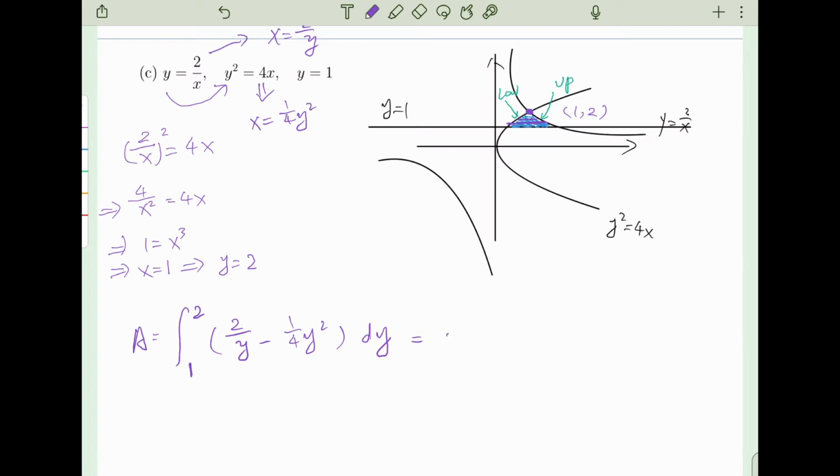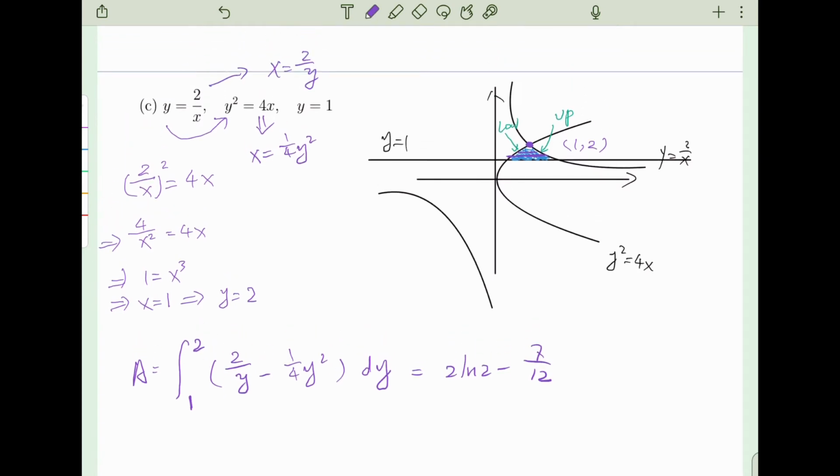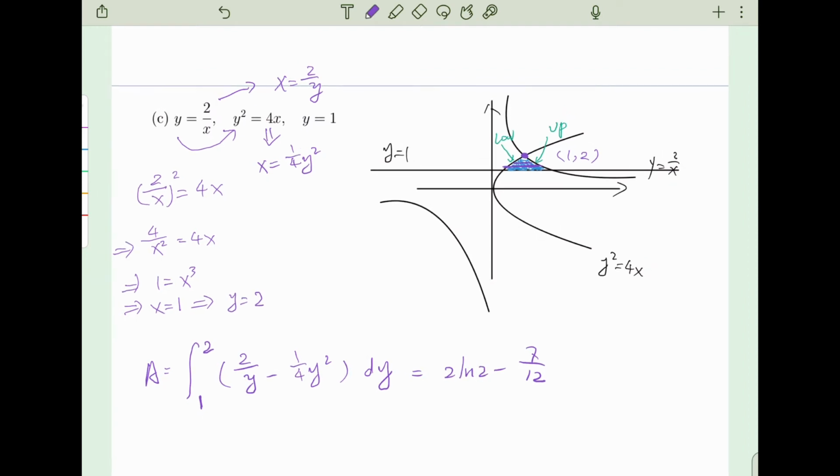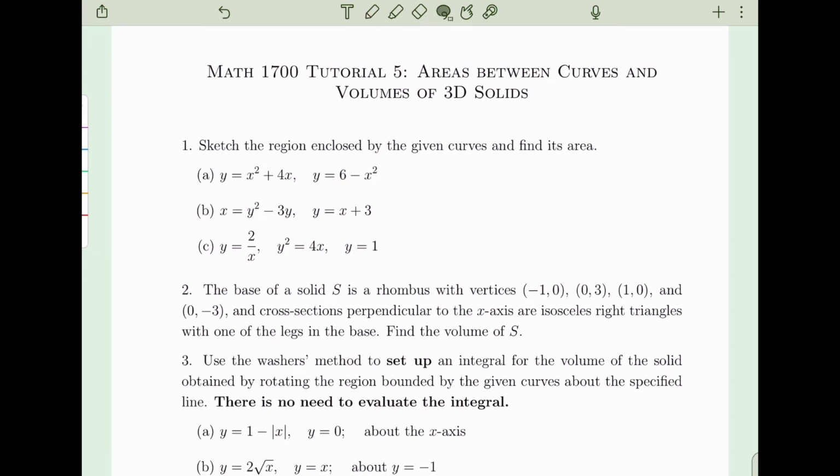That is 2ln2 minus 7 divided by 12. Now this is question C. Now let's work on question 2.